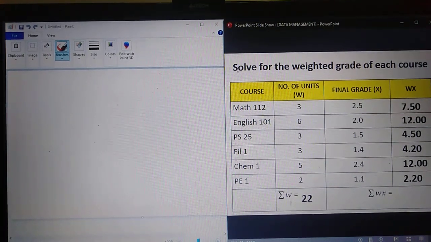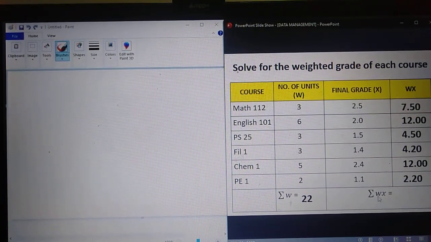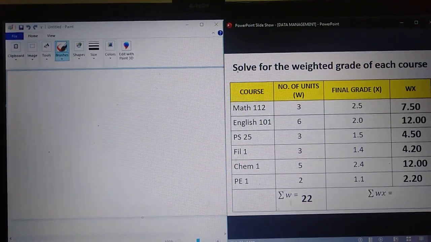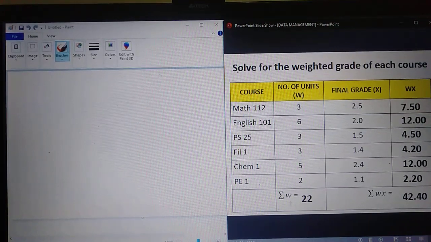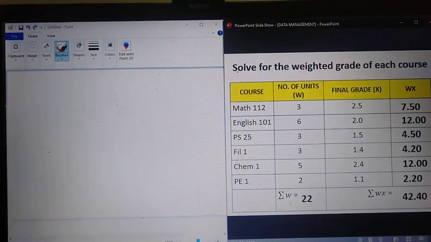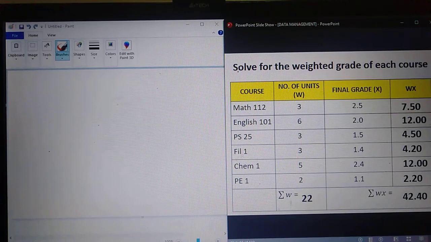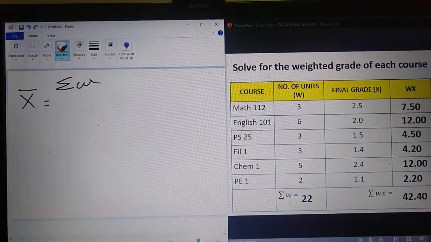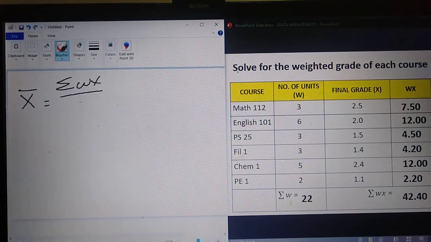And then, since may logo ulit dito ng summation, i-add mo lahat yan. So we can get a grand total of 42.40. So, sabi natin kanina na ang weighted mean is summation of WX all over W. Summation of WX, we have 42.40.